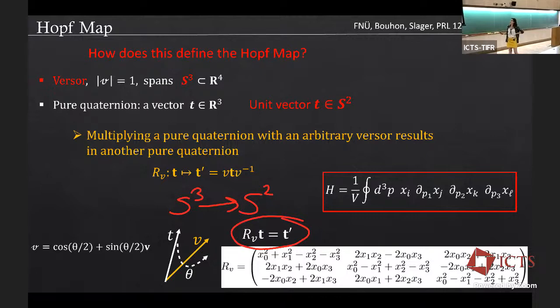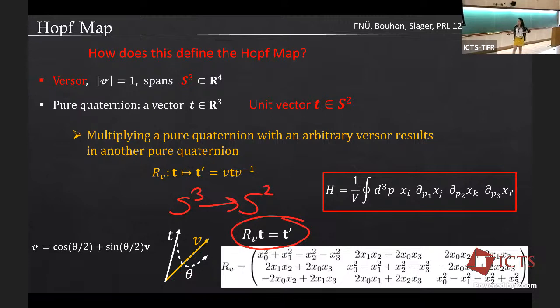Now, a versor lives in S3 already because it's normalized, right? And a pure quaternion is a vector. If I take it to be a unit vector, it lives on S2 in this R3. Which means that this rotation matrix that I wrote here is a map from the versor space S3 to S2.